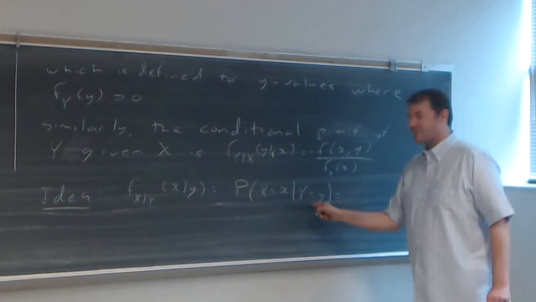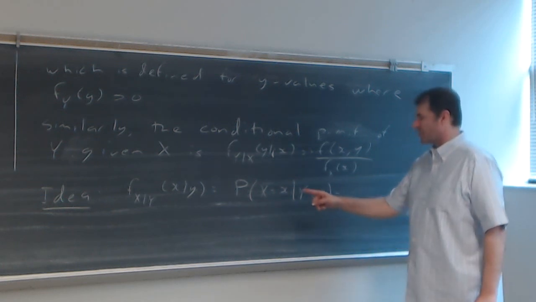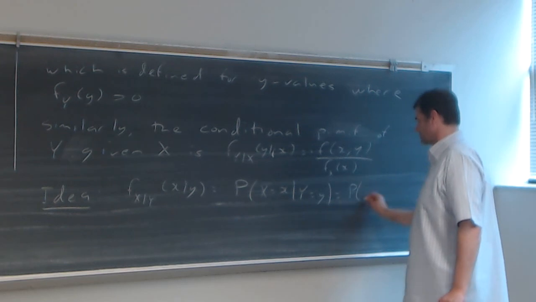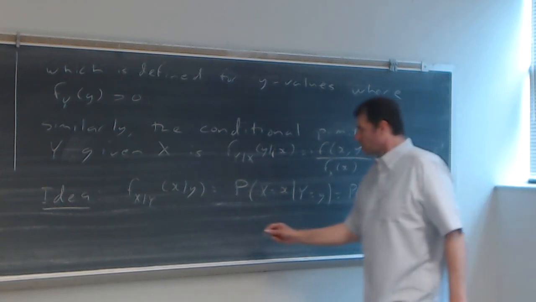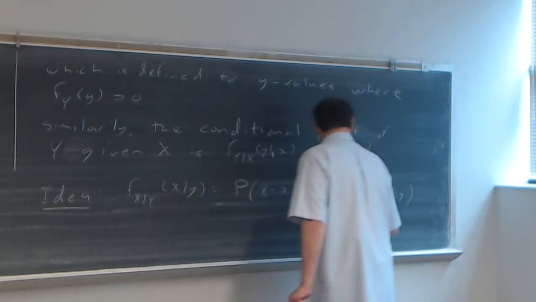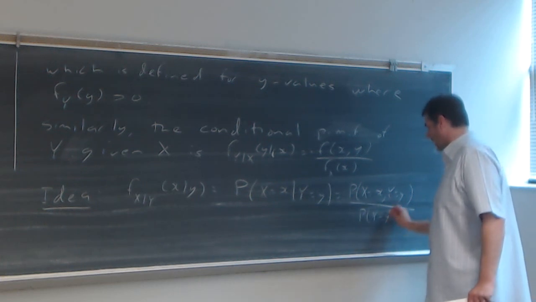Well, we have a conditional probability, and we know that's the probability of the intersection over the probability that Y is equal to y.